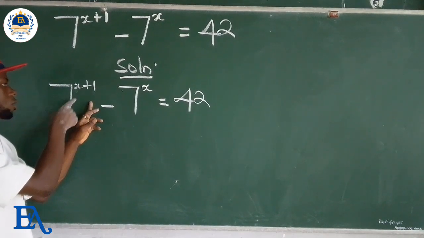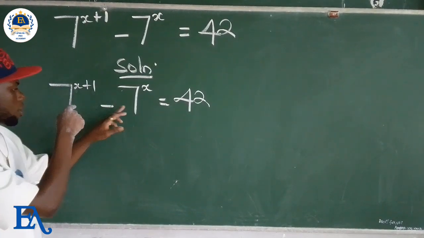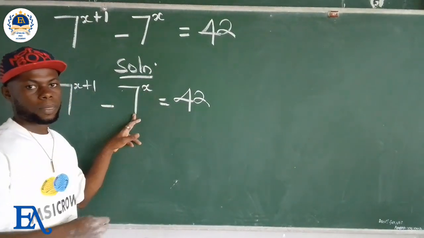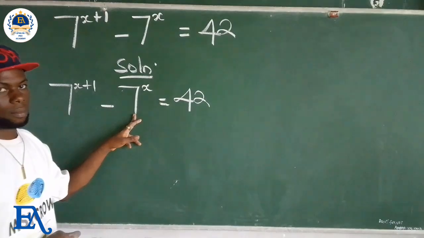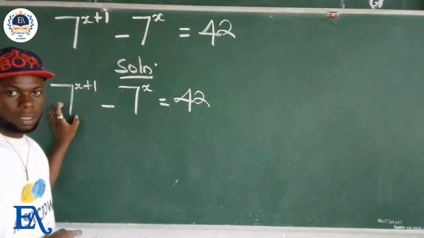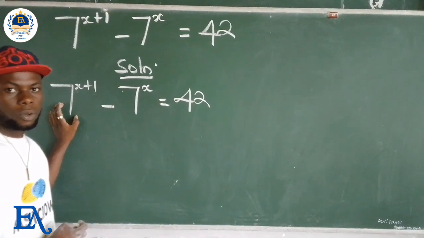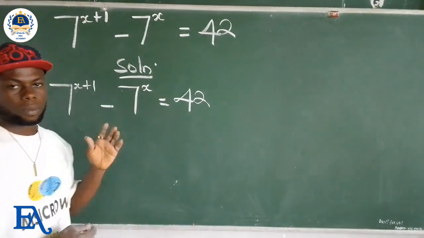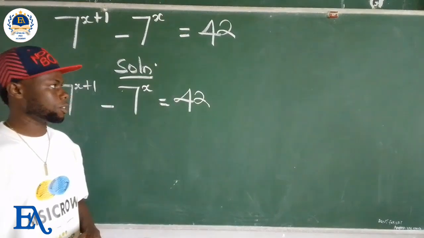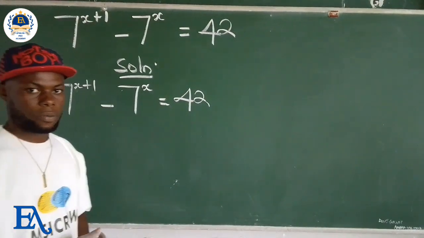So this 7 has 2 terms as power, and this 7 has just 1 term as its power. We have to consider 7 raised to the power of x plus 1 using the law of indices. And the law is called the multiplication law of indices.